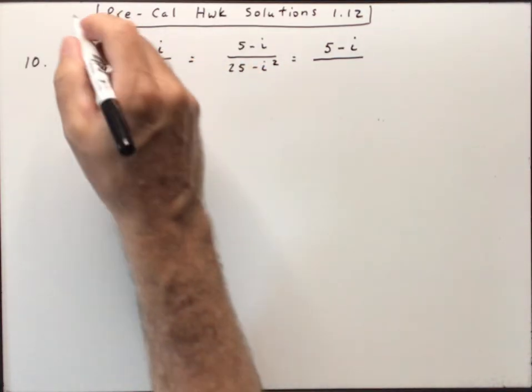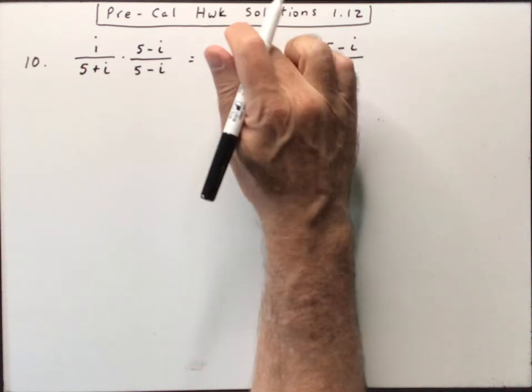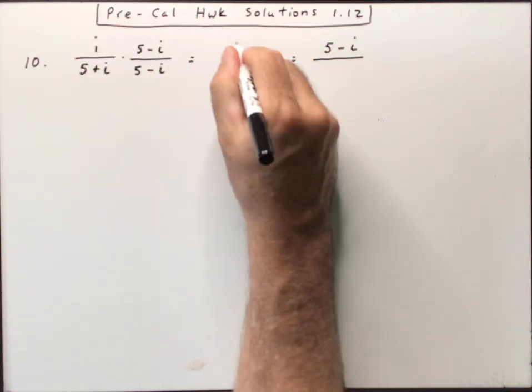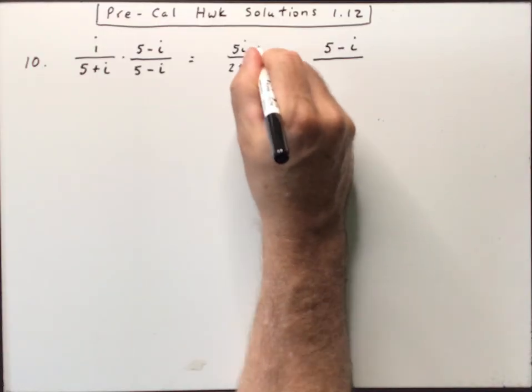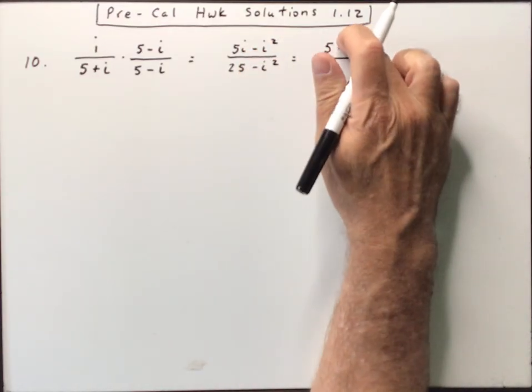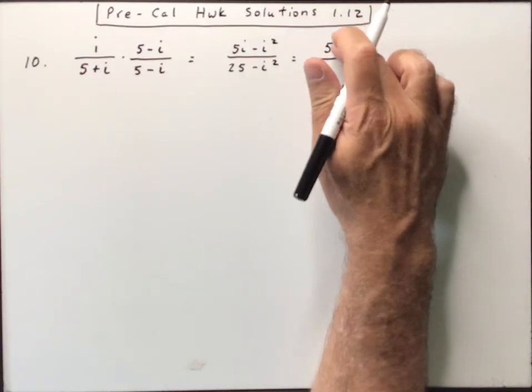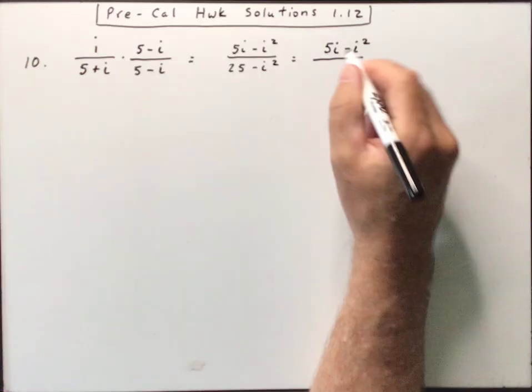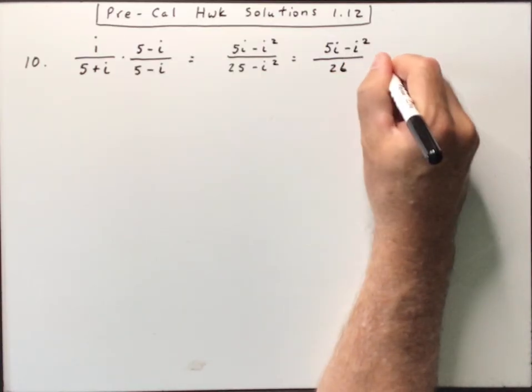Oh, excuse me, this is an i, so that's 5. I apologize. I thought it was a 1. So this would be 5i minus i squared over 26.